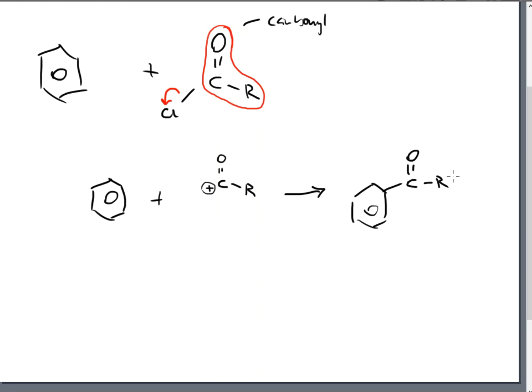But the key here is to get the chlorine off. We have to get that ugly group away. How do we get the ugly group away? Well, we need something to go in to persuade that chlorine to leave. And we do a two-stepper, two separate steps.